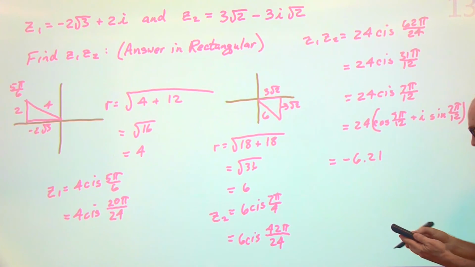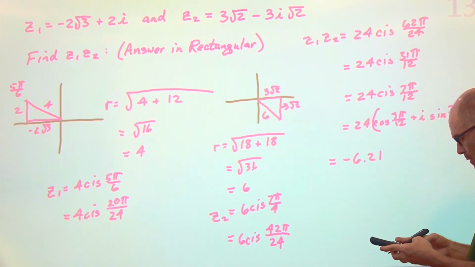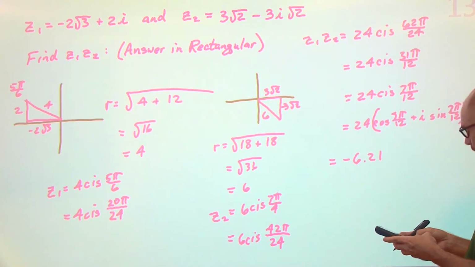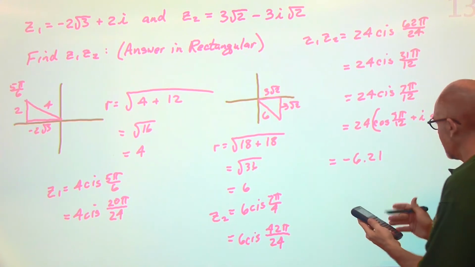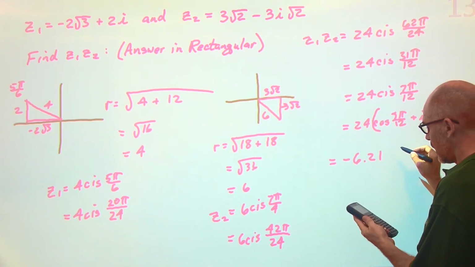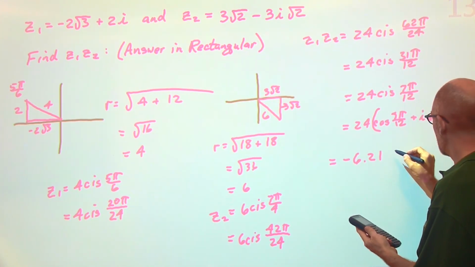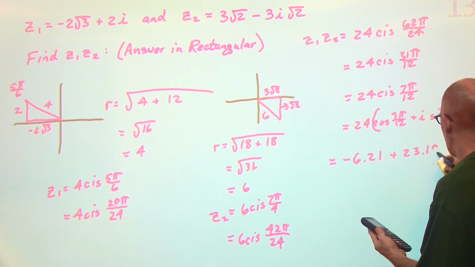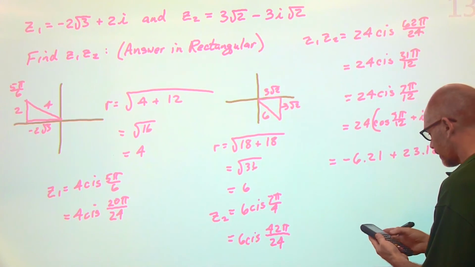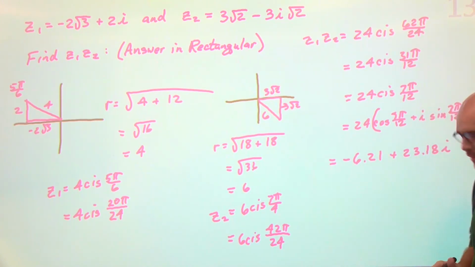Now I just go to sine of 7 pi over 12, multiply that by 24, and that turns out to be 23.18 i. So there's your final number.